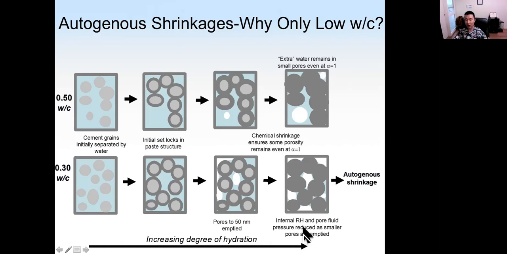The pores could be dried out due to either self-desiccation in the case of autogenous shrinkage, or due to evaporation in the case of drying shrinkage. Whenever the pores dry out, especially the smaller pores, there will be a lot of shrinkage stress, and that shrinkage stress will cause the concrete to shrink.